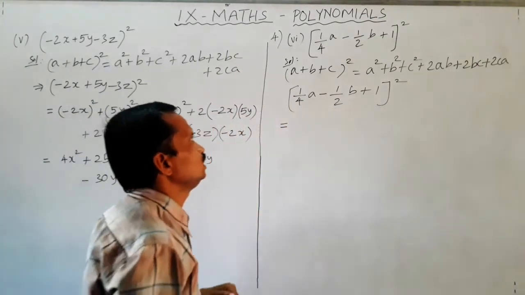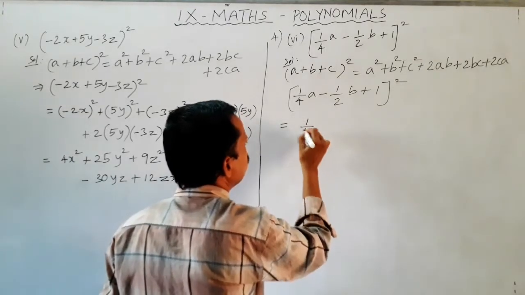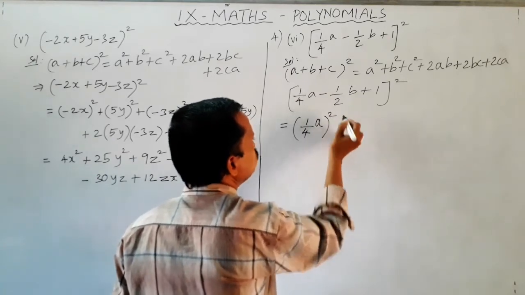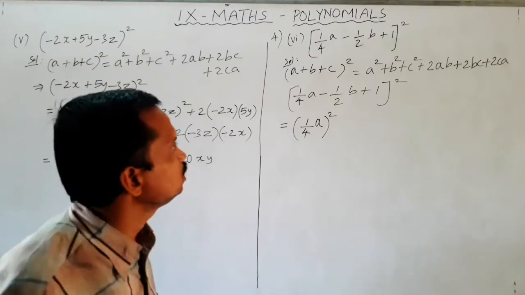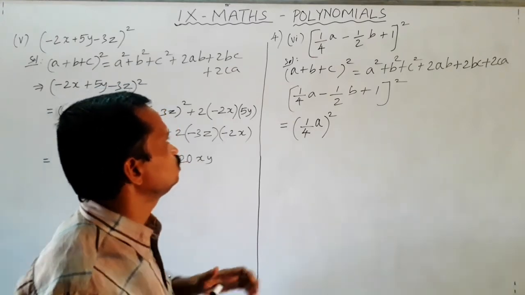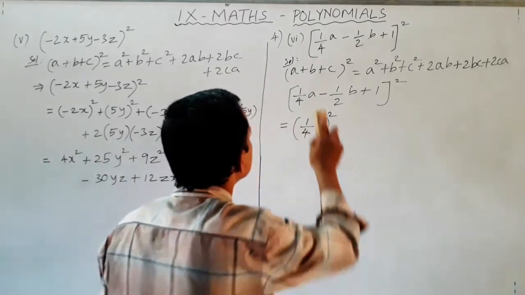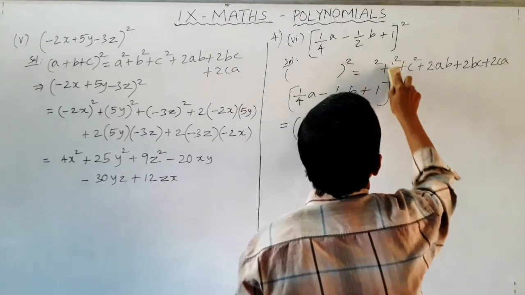Okay. So a square means 1 by 4 a and then whole square. Here one thing I want to tell you, instead of a plus b plus c, you can take x plus y plus z. I think it is good to avoid confusion.